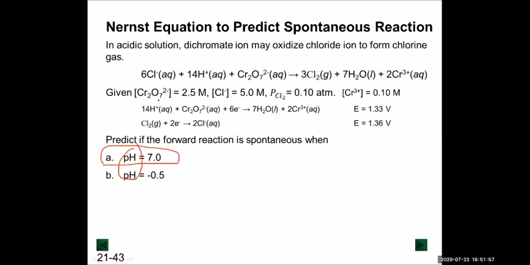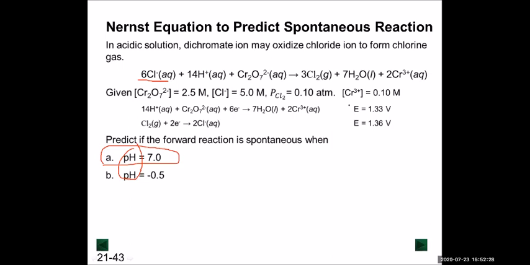So we have the ion concentration, and we have pH, which means proton concentration can be derived from this pH. And we have the actual reaction: 6 chloride with 14 protons, and with dichromate give us the chlorine gas, and water, chromium-3 ions as product.